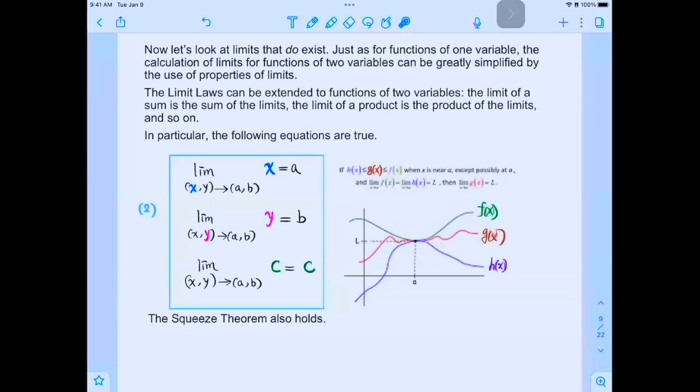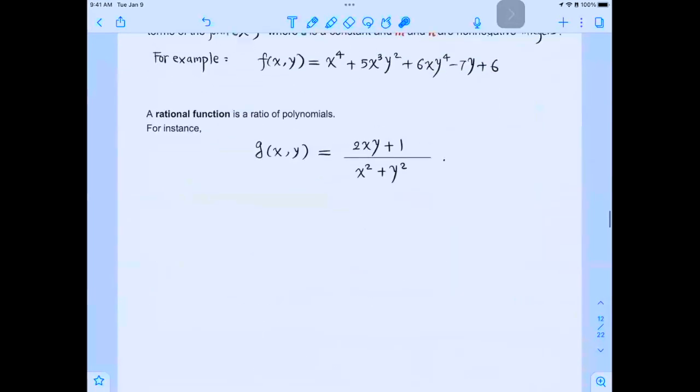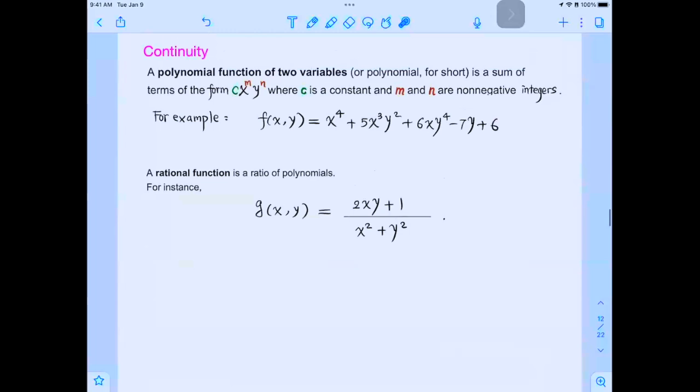A polynomial function is built on powers of x and powers of y and also constants, meaning those coefficients, etc. So because of this, you can prove that polynomial functions are continuous. So over here is a polynomial function of two variables. So we know that it's going to be continuous on R2, right?